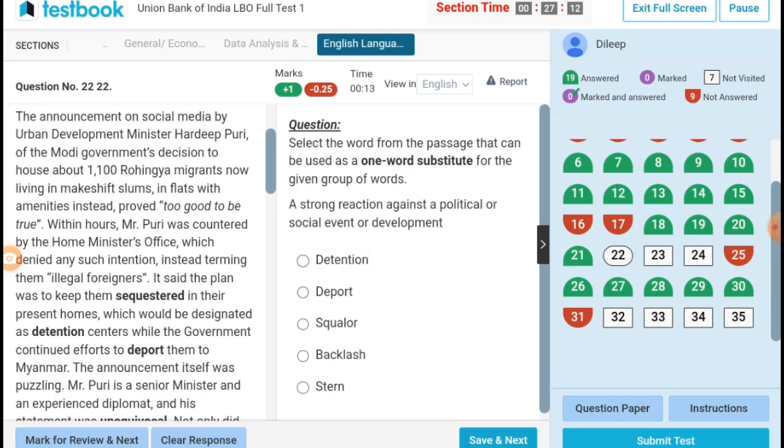between a strong reaction against a political or social event or development. I think it is a strong reaction, backlash or detention.